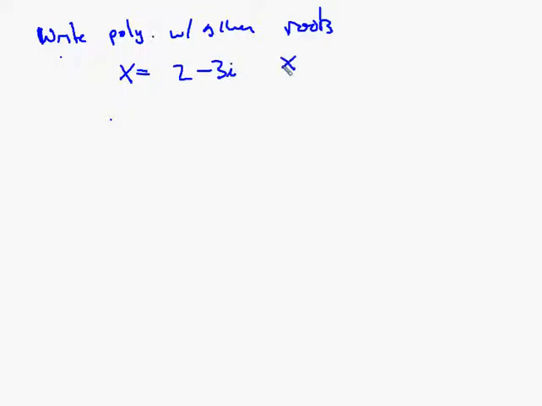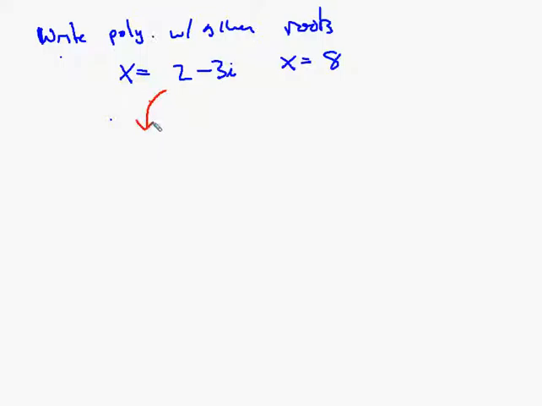Okay, so let's say I have the same question, write the polynomial with the given roots. I could have x equals 2 minus 3i and x equals 8. Okay, so that's what I'm given.